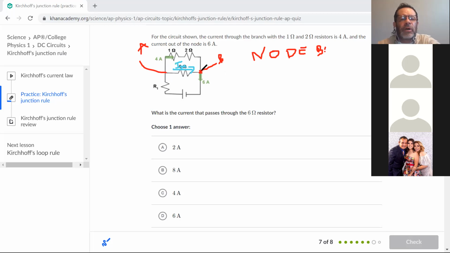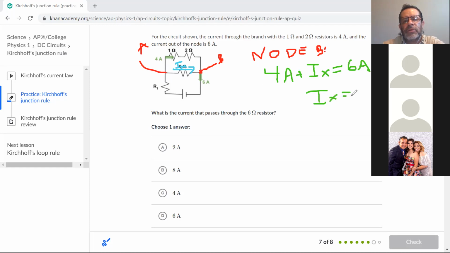What currents are going into node B? 4 amps and Ix. Correct. And what is going out of node B? 6 amps.